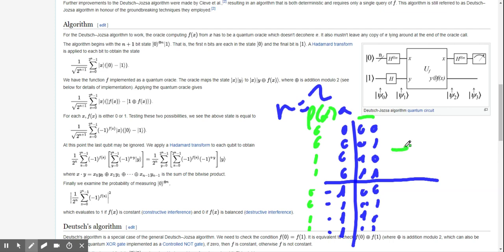So then what this would evolve into is, because you're doing the plus in here, you're going to have 0, 0, and here you're going to have 1, 1. So 0, 0, 0, 1, 1, 0, 1, 1. And then here you're going to have 1, 1, right?